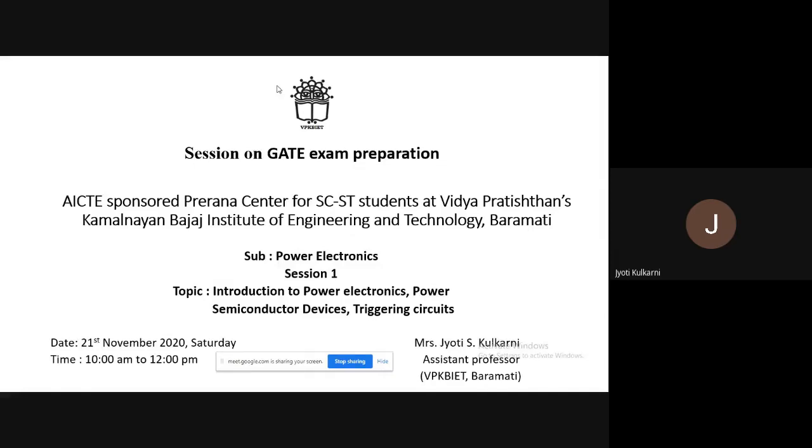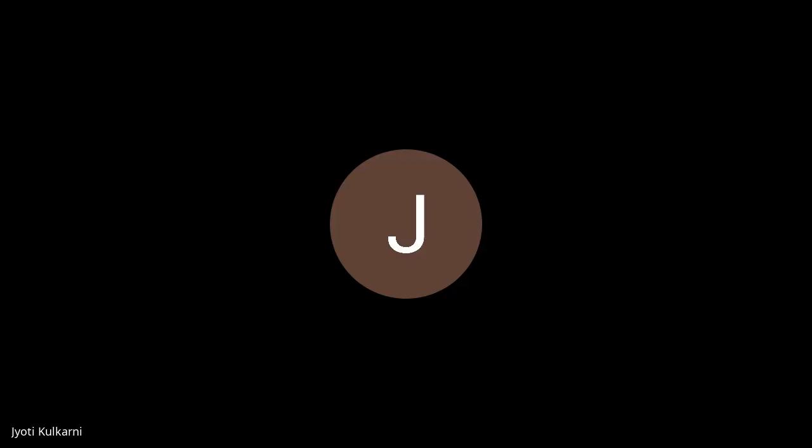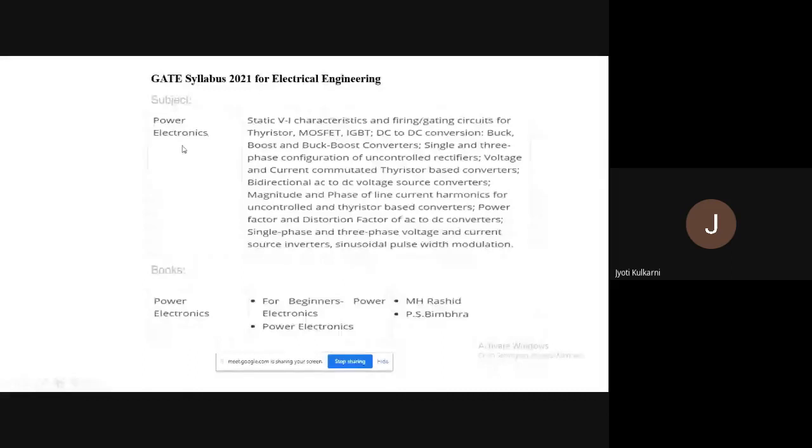Now, what is power electronics, what is the power electronics syllabus, and which books should you refer? Basic contents are the characteristics of various devices such as thyristor, MOSFET, IGBT. Then the applications: DC to DC conversion, which is the buck converter, boost converter, and buck-boost converter.